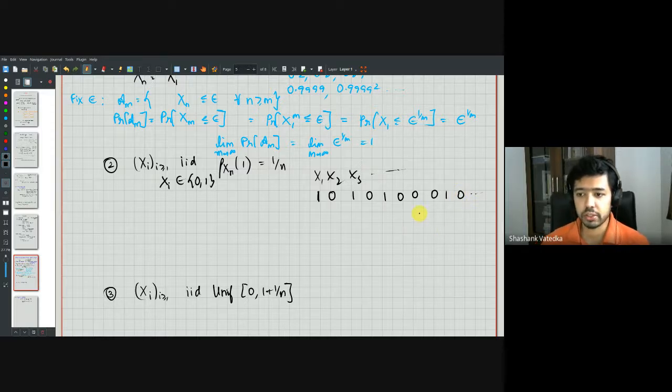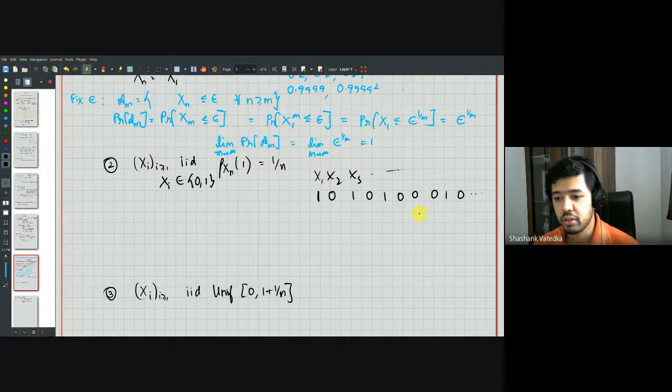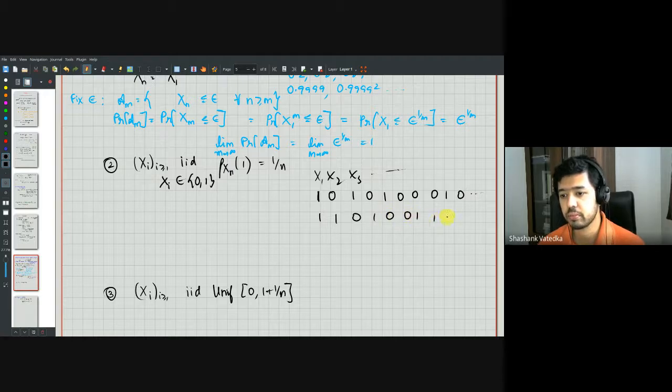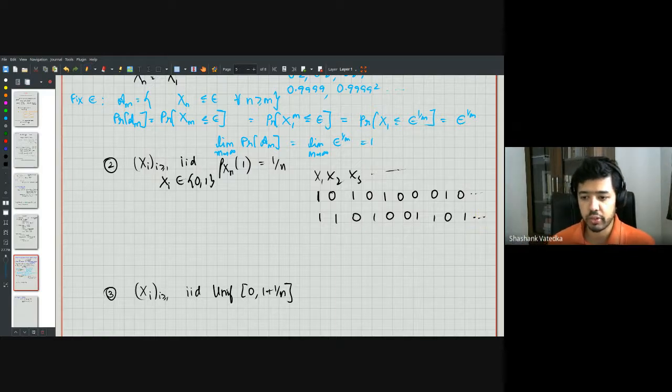So basically, you're tossing coins, right? But you're not tossing the same coin multiple times. You're tossing biased coins every time, and the bias is becoming more and more towards tails as you keep on tossing. Correct. So this is one possible realization, and this is another possible realization, and so on. But eventually, for large enough n, what do you expect? Do you expect to see more zeros or more ones for large enough n?